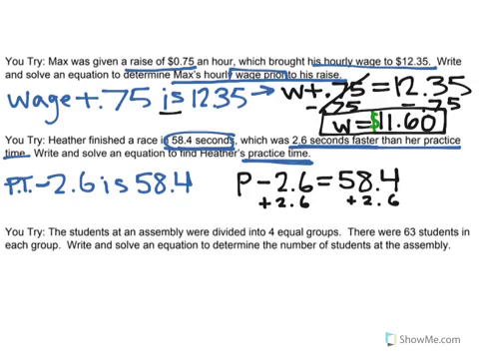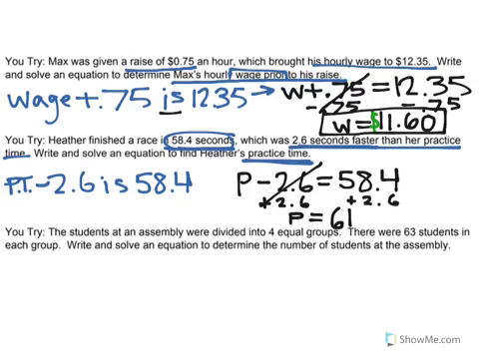And so on the left side, that's going to cancel out. Those zero out, because negative 2.6 plus 2.6 is 0, and we just get p plus 0 on the left. In other words, p equals 58.4 plus 2.6 gives us an even 61.